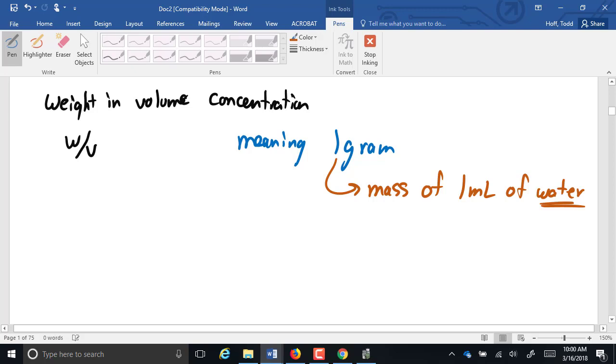So now, since most of the solutions we work with are mostly water, have densities close to water at least, about 1 milliliter is equivalent to about 1 gram. So when we're doing a weight in volume concentration, the weight has to be in grams and the volume has to be in milliliters.